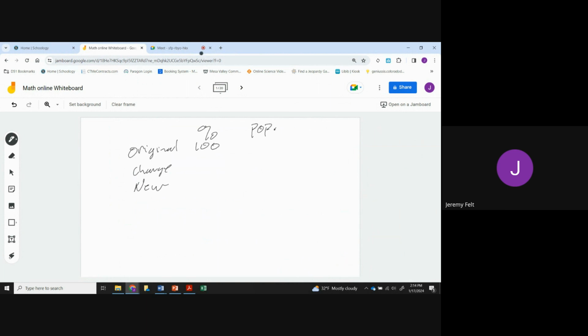The change, we were told, was a 15% increase, so the new is 115%. We're told that 120,000 is the 1980 population, and we want to know the new population. So 100 to 115 equals 120 to the unknown. Cross multiply.